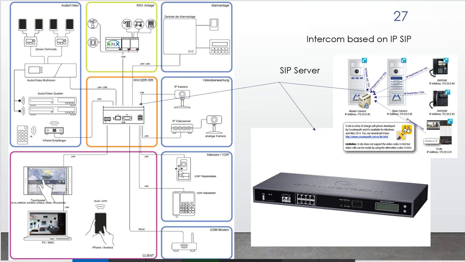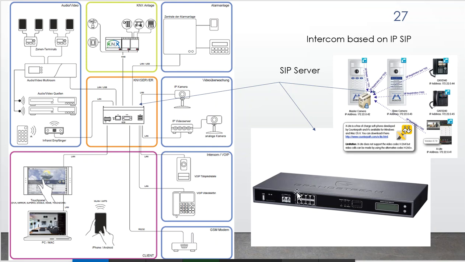We have the intercom systems here, and other things. All of them are connected to the KNX server. So your system has the KNX server. This KNX server or KNX mini server can be a device in your electrical cabinet, can be embedded in your touch panel, or can be installed in a rack.